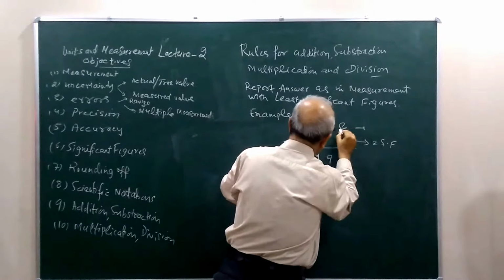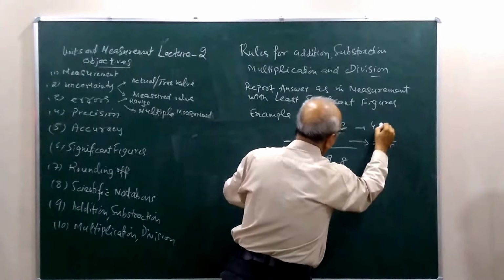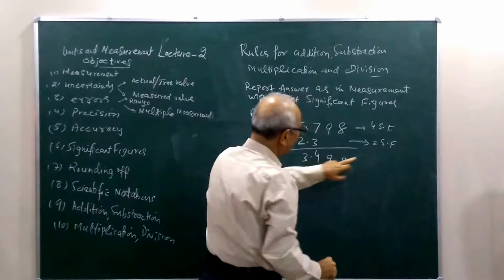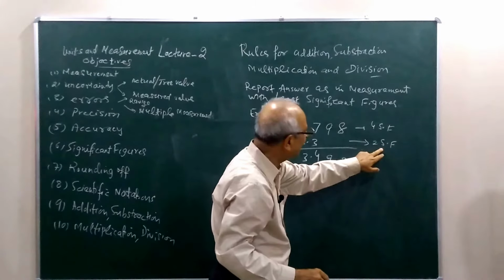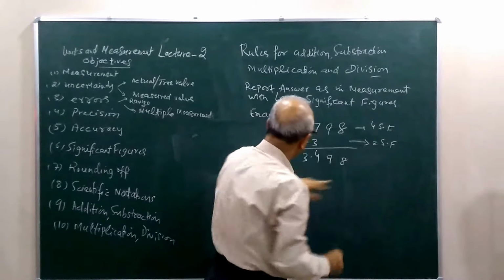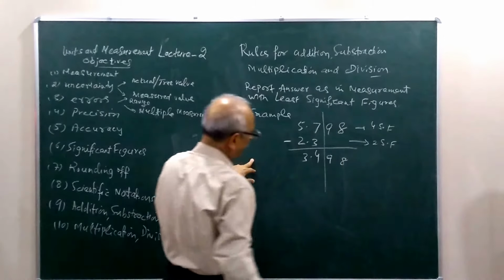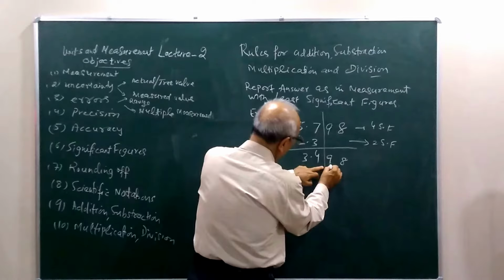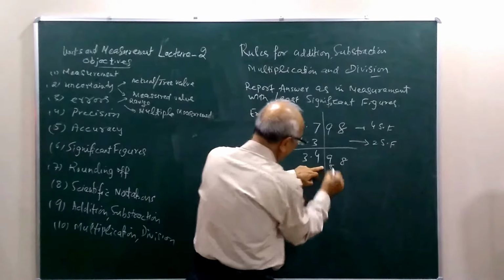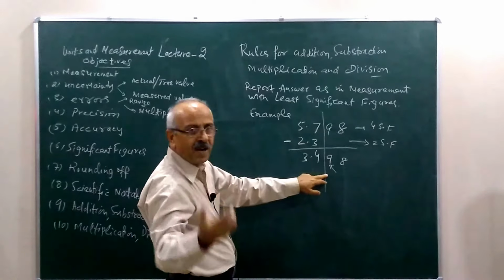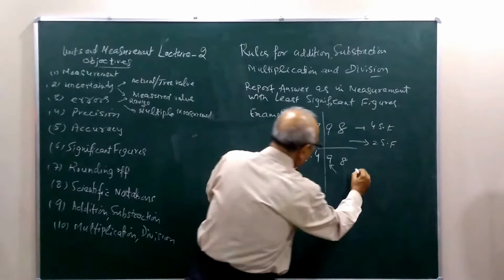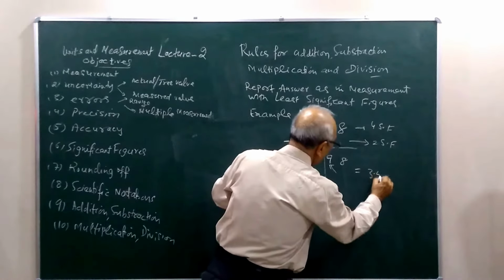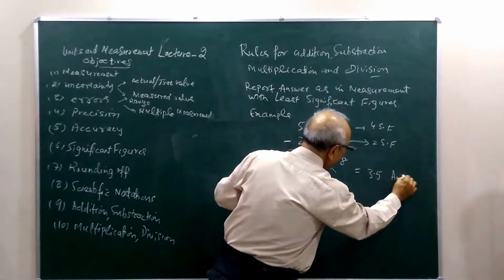This has 1, 2, 3, 4 SF. I have to report my answer in the minimum significant figure measurement, that is 2. So I am cutting off here. But the problem is that this number, you can see, is more than 5. So in the round off process, this will become 3.5 as my answer.